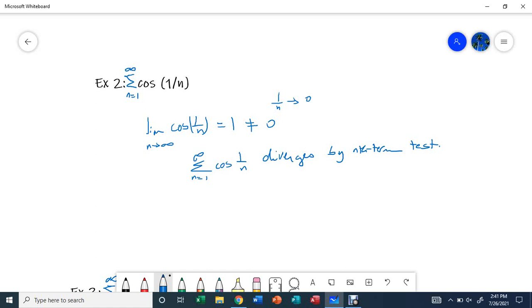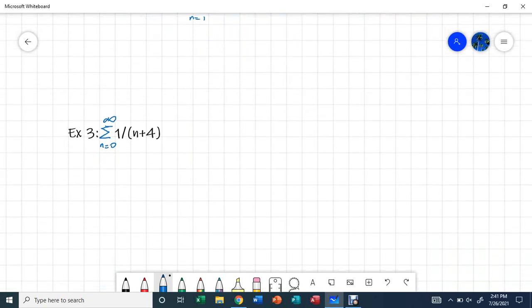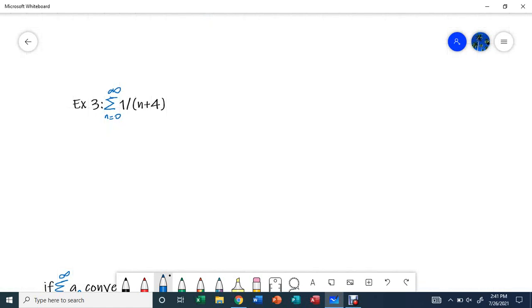Let's look at the last example here, where the test will be inconclusive. Example number 3, n equals 0, doesn't matter, n equals 1, so we have the denominator positive. So 1 over n plus 4, the limit of 1 over n plus 4 as n goes to infinity is 0.